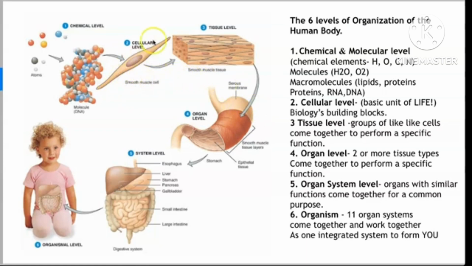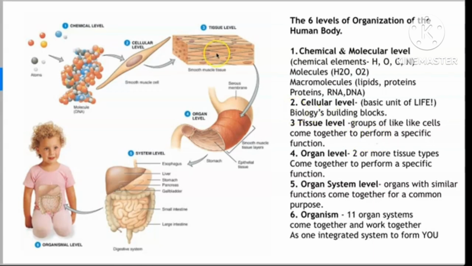We are going to take this smooth muscle cell and combine it with other smooth muscle cells, and we're going to form a tissue. Basically, tissues are groups of like cells. The like cells here are smooth muscle cells. They are coming together to perform a specific function.